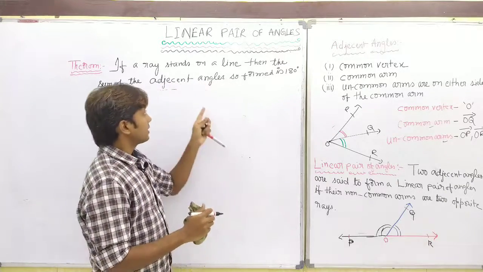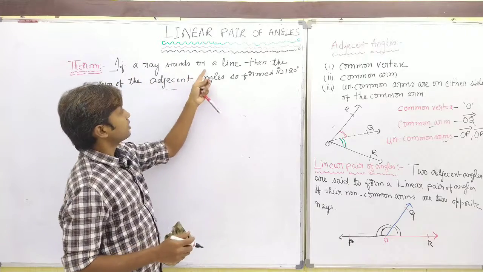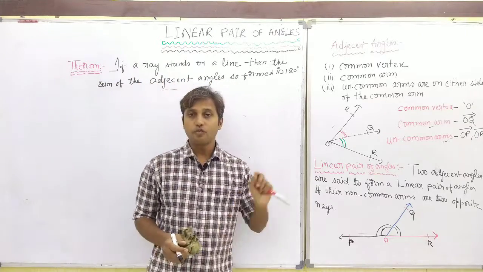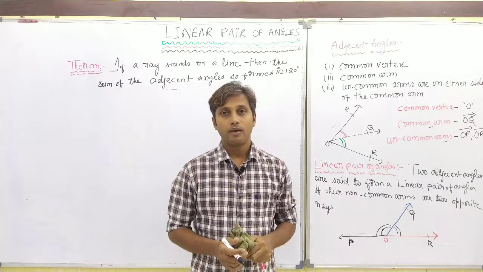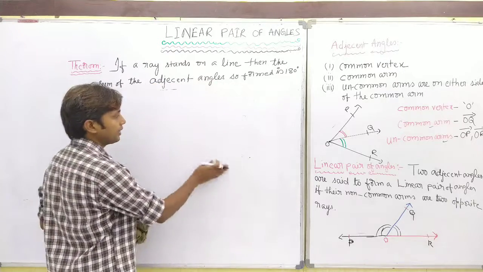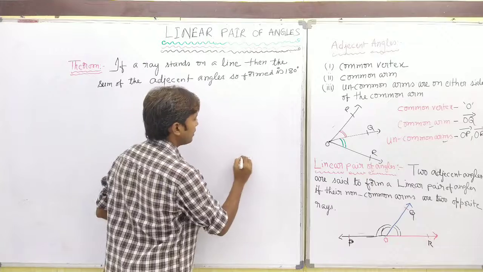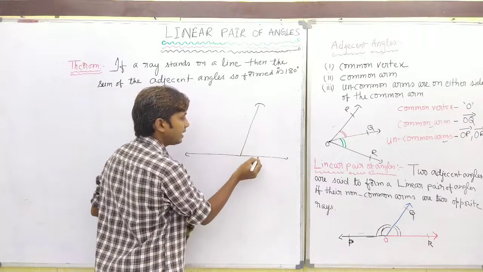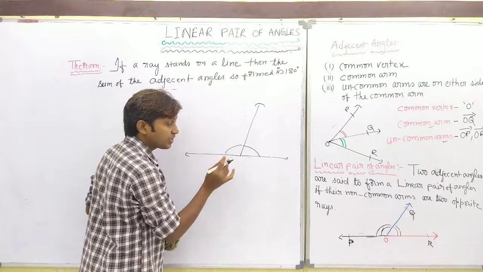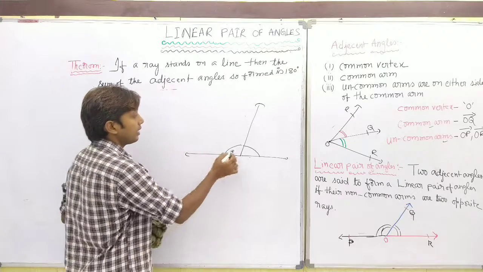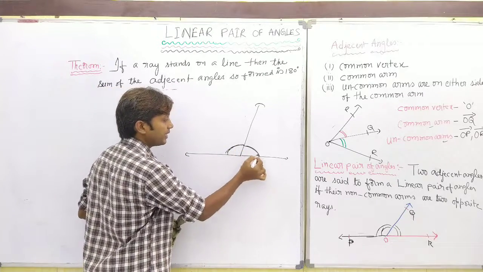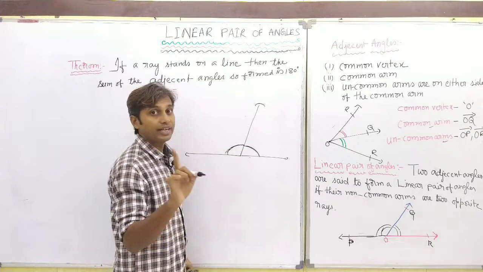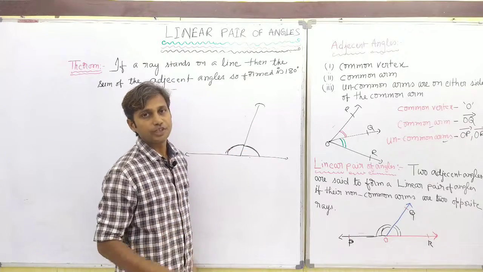So once again telling you, if a ray stands on a line, then the sum of the adjacent angles formed is 180 degrees. So what we have to prove here? Whenever two rays are oppositely directed with a common ray, then the pair of adjacent angles made is supplementary. Supplementary in the sense, summing these two, you get 180 degrees. That we need to prove.